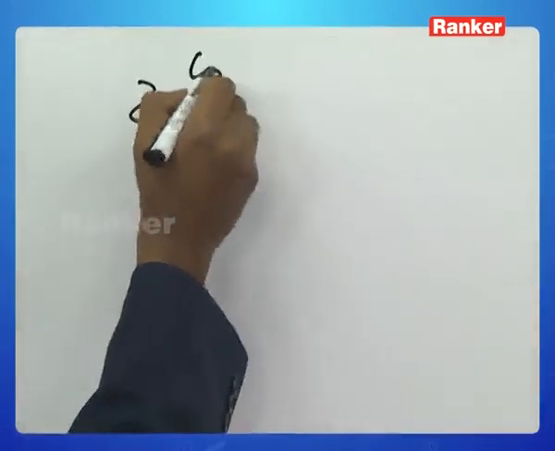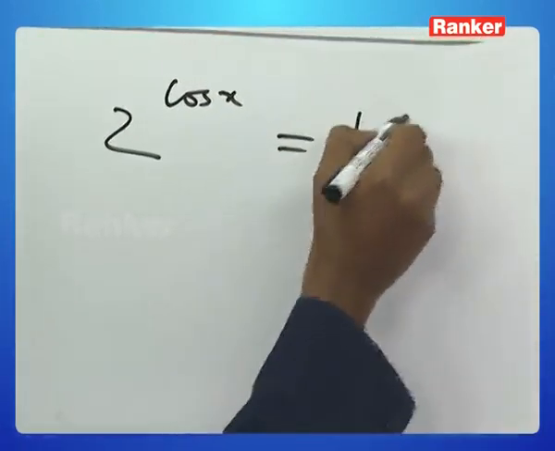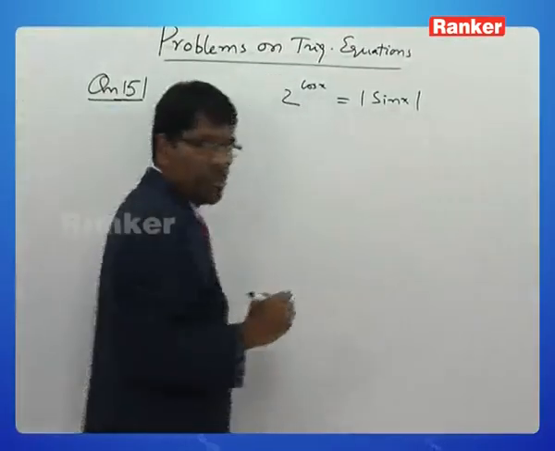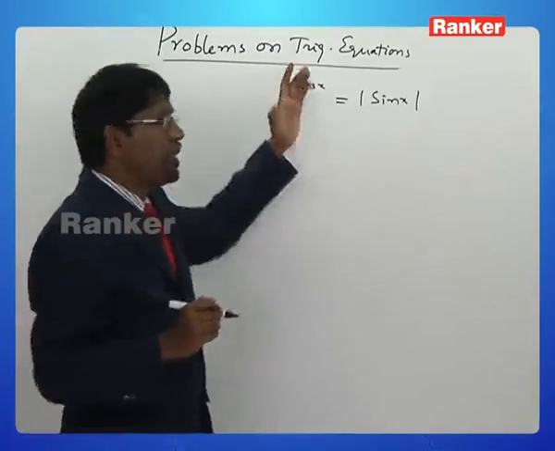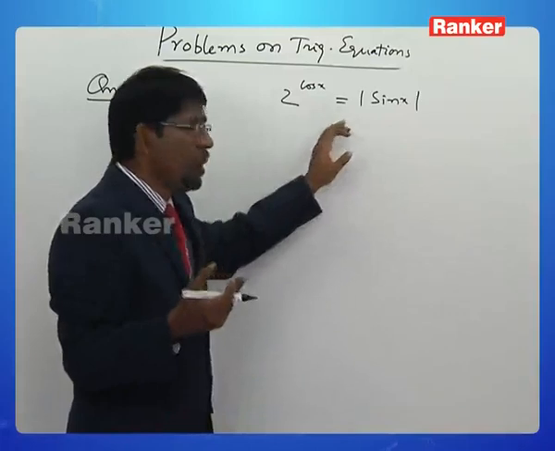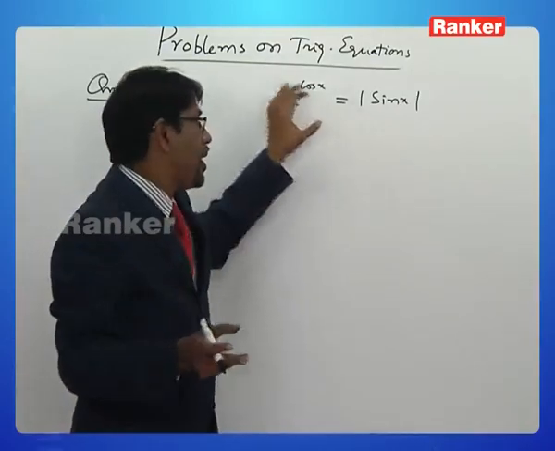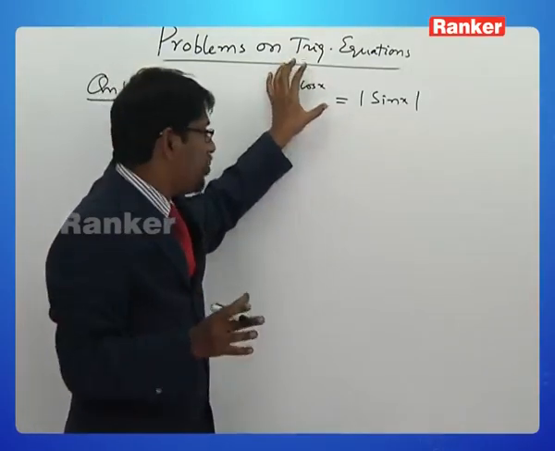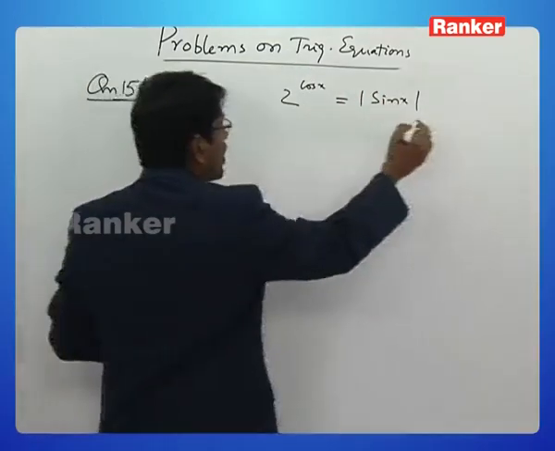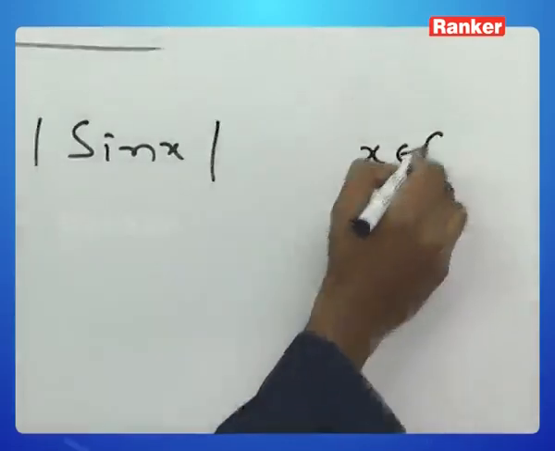Here 2 power cos x is to be equated to mod sin x. When you have two different types of functions and we are trying to seek solutions, one method is the graphical method, the other method is we find the range of both the functions. What is the range for x belonging to minus 2 pi to 2 pi?